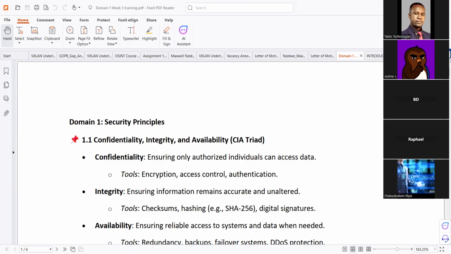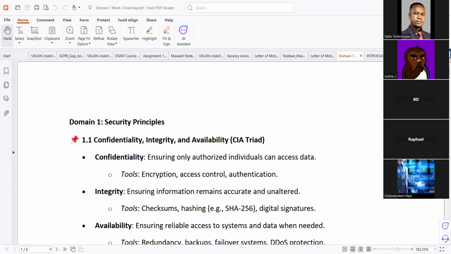Okay, good. We have 5. Number 1 is security principle. Number 2 is business continuity, disaster recovery and incident response. Number 3 is access control concept. Number 4 is network security, while number 5 is security operations.